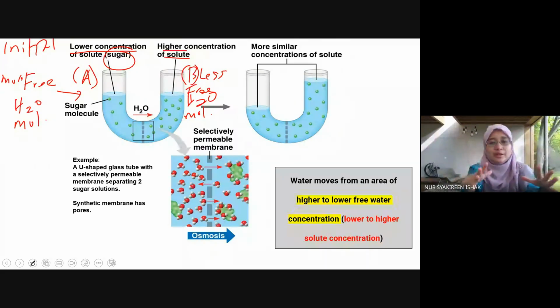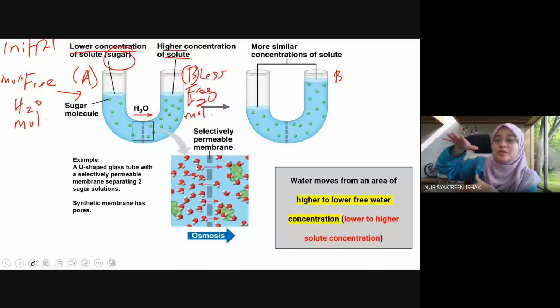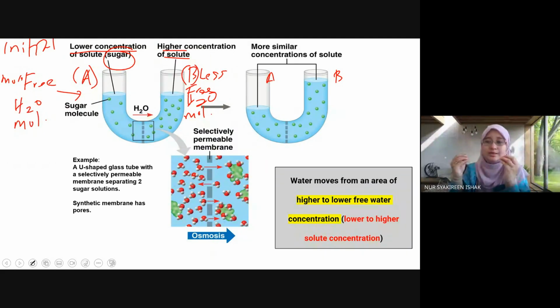Initial. After you leave this tube for a while, you will see that on the B side, the level of the solution will increase. On the A side, the level of the solution will decrease. Why? Because there will be movement of water from A to B. It says here a U-shaped glass tube with a selectively permeable membrane separating two sugar solutions.